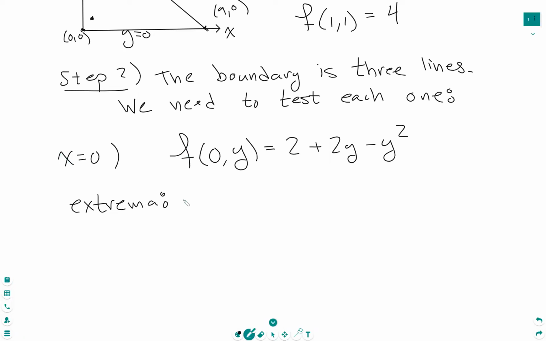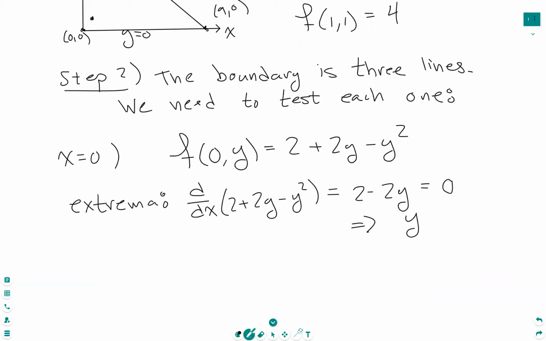We're looking for the extrema, so we take a derivative of 2 plus 2y minus y squared. This gives us 2 minus 2y, and we set this equal to 0. Basically we're finding the extrema along that curve. So here, y is equal to 1.